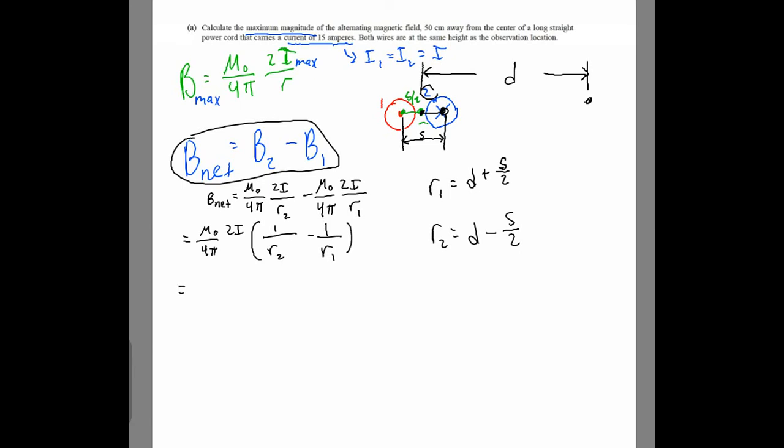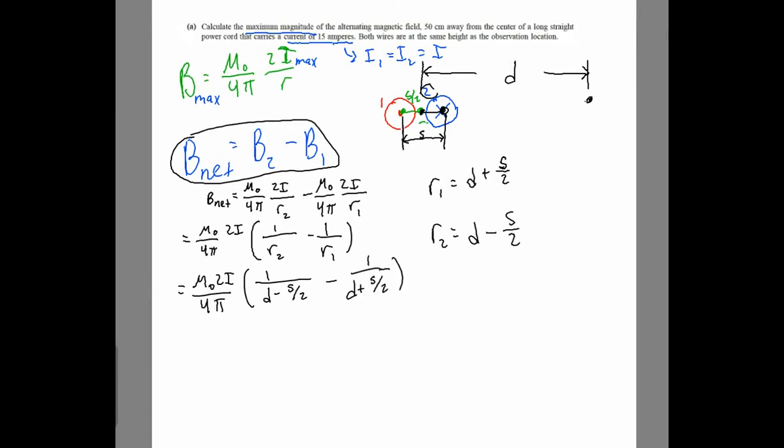This equals mu naught 2I divided by 4 pi times 1 divided by d minus s divided by 2 minus 1 divided by d plus s divided by 2.